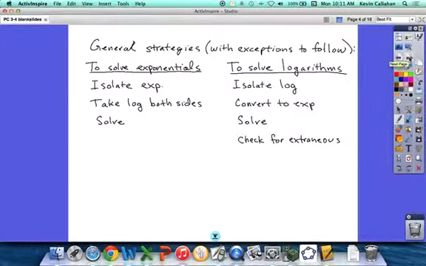Okay, now if it's not like that, then we have some steps, and they're somewhat similar for exponentials and logarithms. In the first step, always isolate. Isolate the exponential, isolate the logarithm. It needs to be the only thing on that side of the equation before you go to the next step.